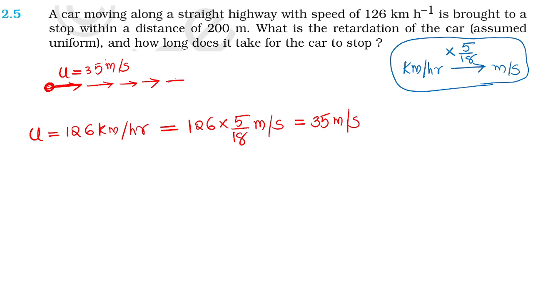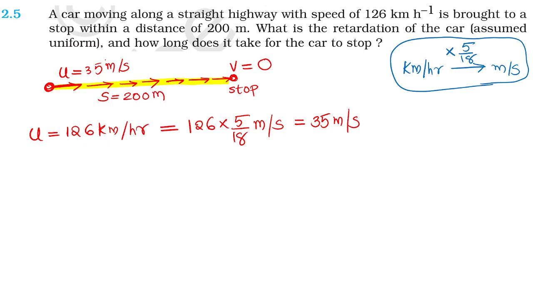Brake is applied on the car, and after traveling 200 meter the car stops. Understood? A brake is applied. As a result, the speed gradually decreases. Ultimately, the final velocity becomes 0. The car stops after covering a distance of 200 meter.